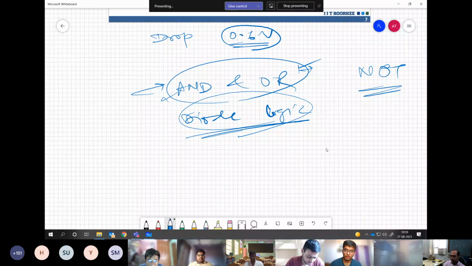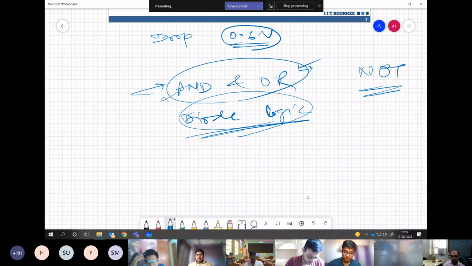Understanding my point? So you got an idea of what we are trying to do, how we are realizing any logic in a practical scenario. We are applying some voltage and expecting some voltage at the output. In between, the devices are operating either in on mode or in off mode, and that is what we are trying to explore.